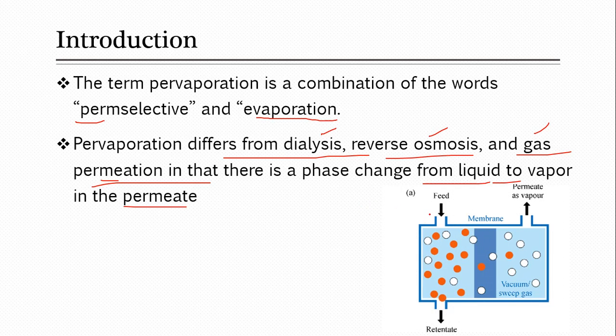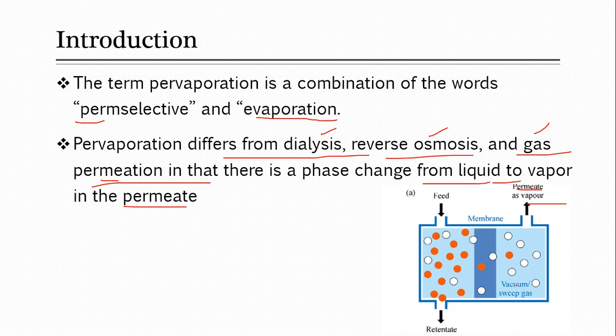For example, here you can see one cell, on this side there is a feed, and the membrane is installed inside, and on the other end you are collecting the permeate, because here it is mentioned as vapor.